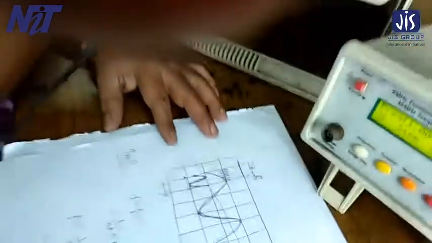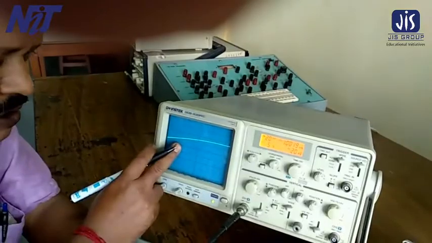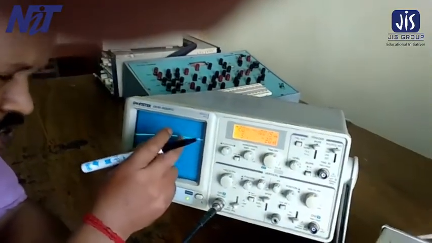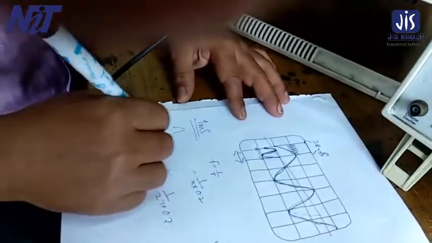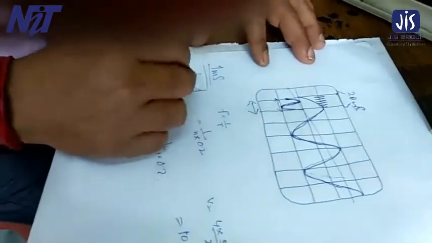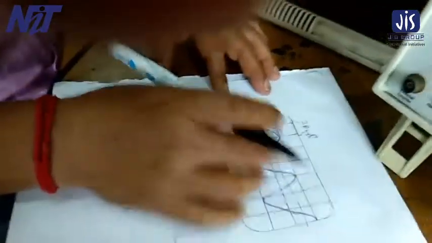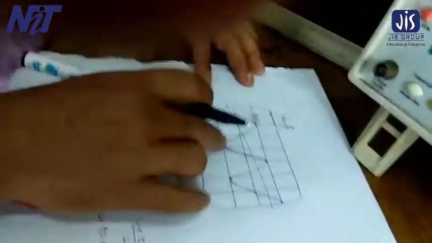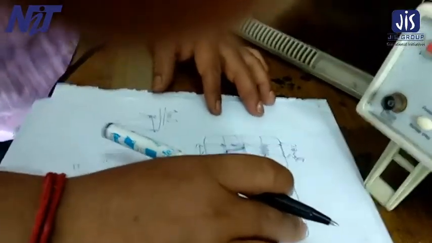In this situation you cannot measure the distance between two consecutive peaks at a time. So you will have to accommodate your single time period on the screen at a time.